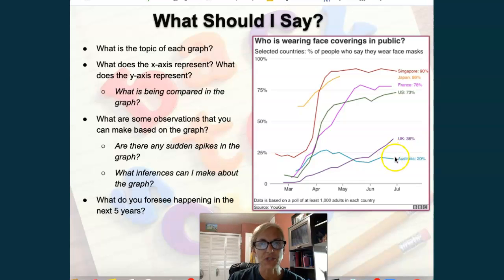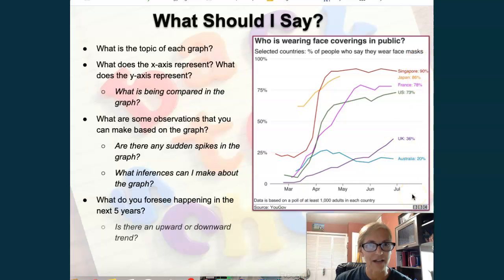Australia, probably not much change either. Although really for this particular topic, in 5 years we're probably going to have herd immunity, we're going to have vaccines, and the virus is going to start to fade away, so probably we won't have to wear masks, so that could actually be not a great indicator.